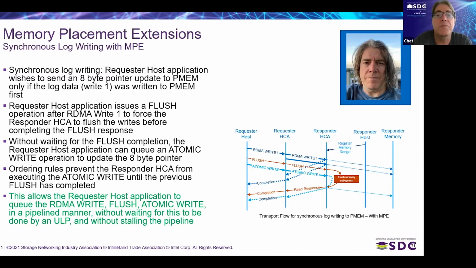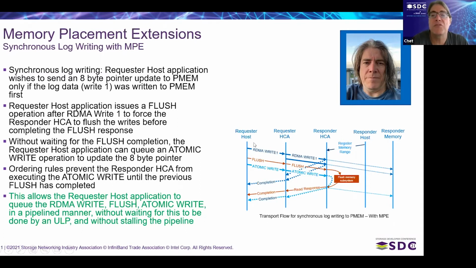I'm calling this a synchronous log writing example, and I'll talk more about some of the scenarios where this applies. In this example, and you can follow along in the little picture on the right side, the host does an RDMA write of data, RDMA write 1, and then follows that with a flush command.